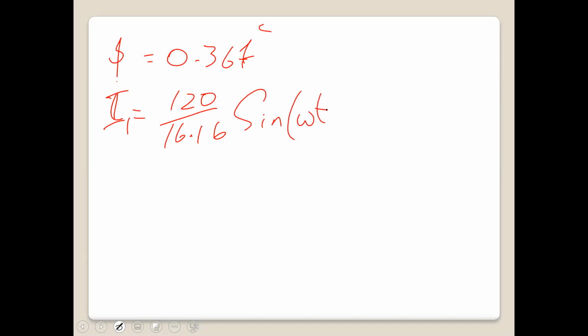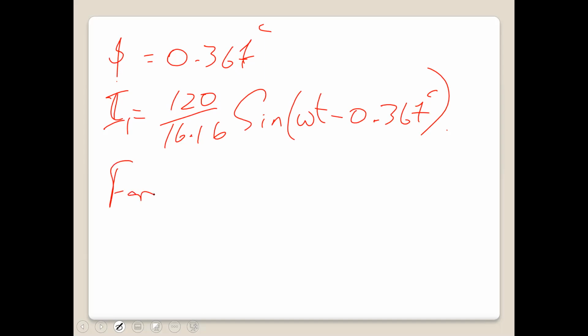Would this be plus or minus? Minus, sir. Why minus? Because it's lagging the voltage. Because it's inductive, the current is lagging. So 0.36. All right. So that's for your fundamental.